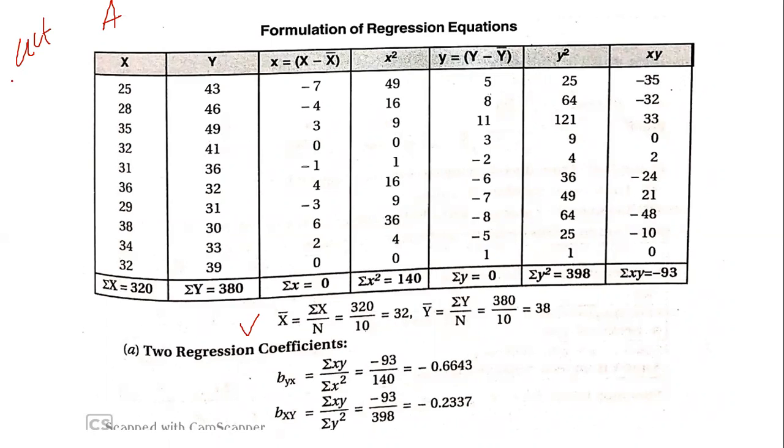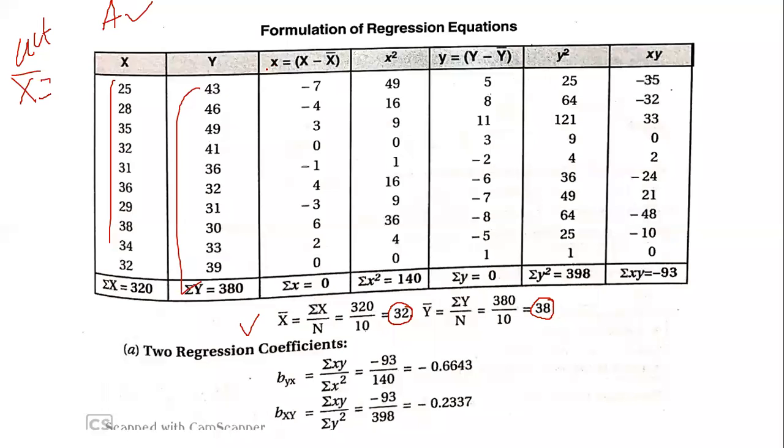If your actual mean, that is x bar, comes in decimal points, then you have to take the assumed mean. Here, if you calculate x bar, that is sigma x by n, and y bar, sigma y by n, you get whole numbers. So this is an actual mean problem, and we are considering the actual mean.